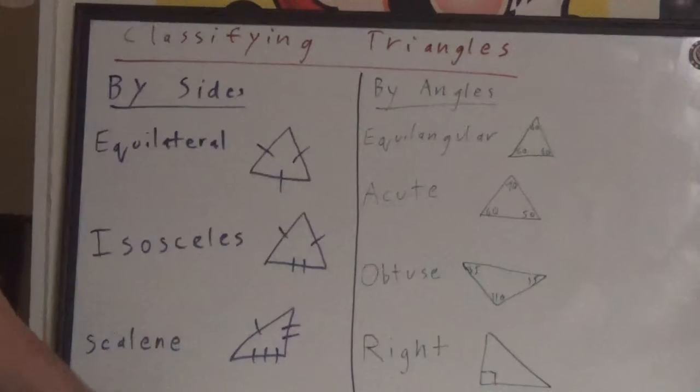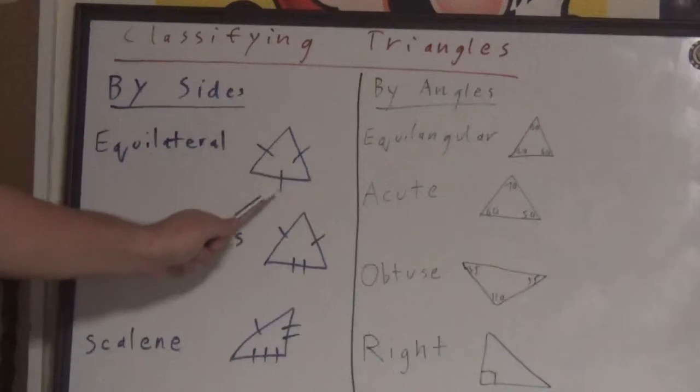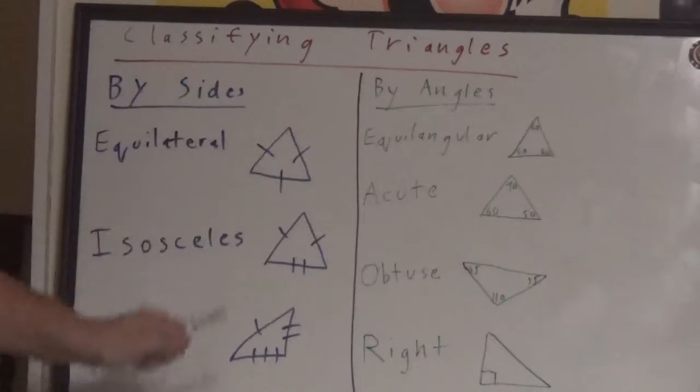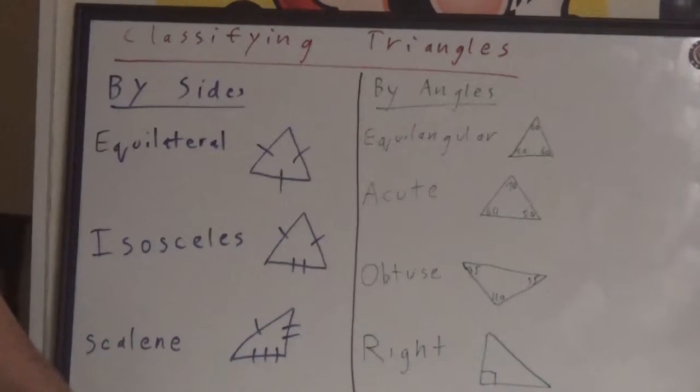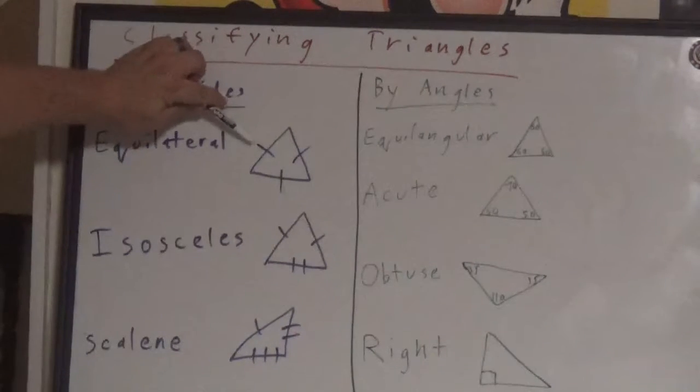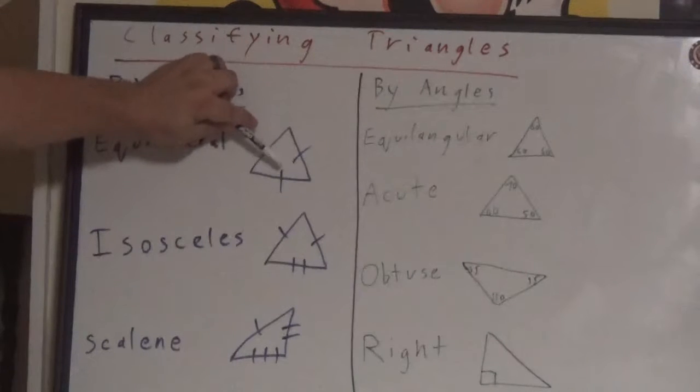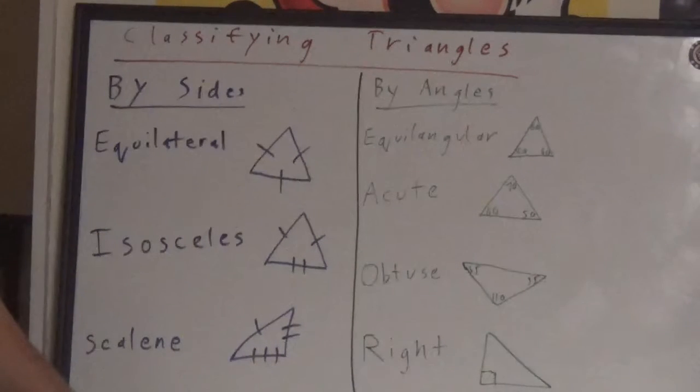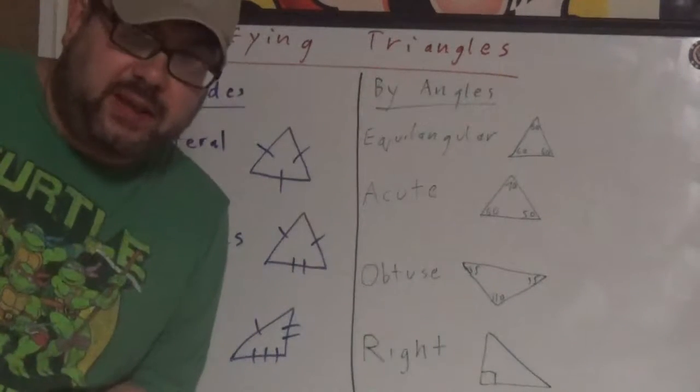Before I get started though, let me say a word about these marks. So, when we see a triangle and we have the same number of marks made on each side, that's telling us that each side has the same length.